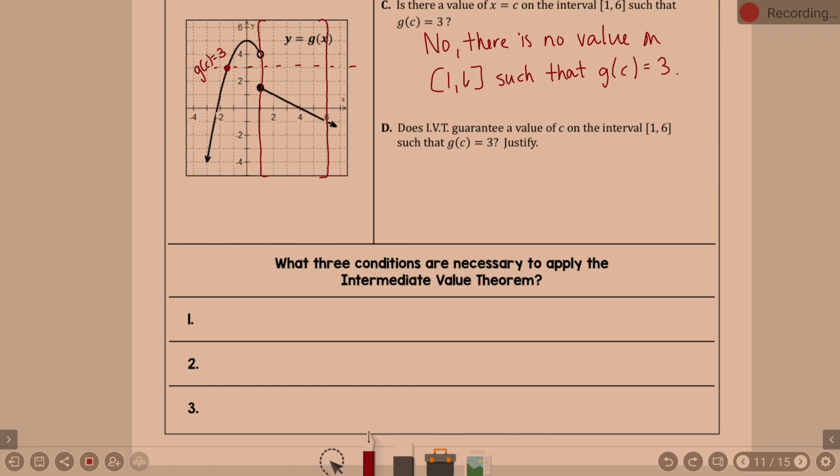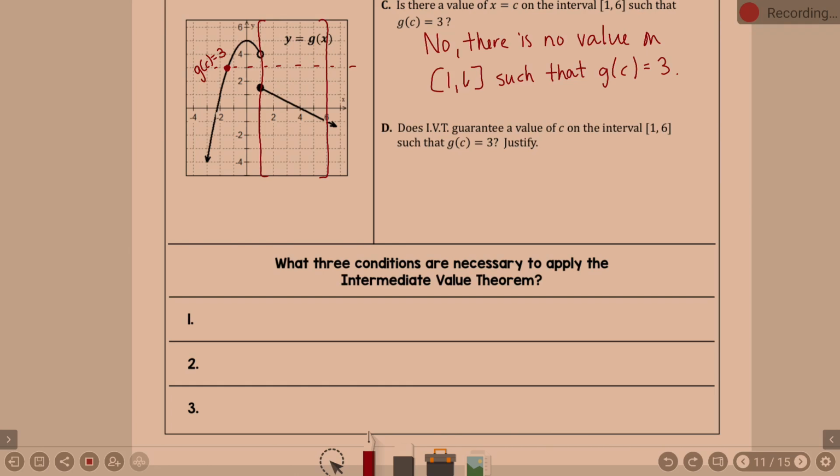Now, D. Does the intermediate value theorem guarantee a value of C on the interval 1 to 6 such that g of C equals 3, and justify? Yes. So what's different than last time? Between 1 and 6, it is continuous, yes?